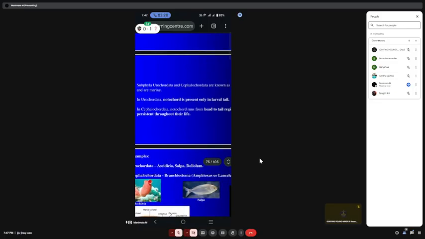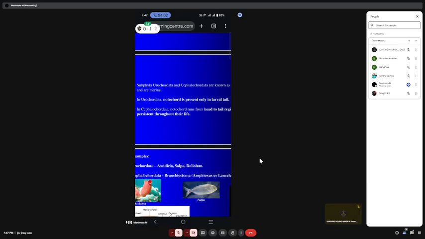The body is unsegmented and is made up of polysaccharides. Please make a note: that polysaccharide is called tunicine. The body of Urochordata animals is made up of polysaccharide called tunicine.